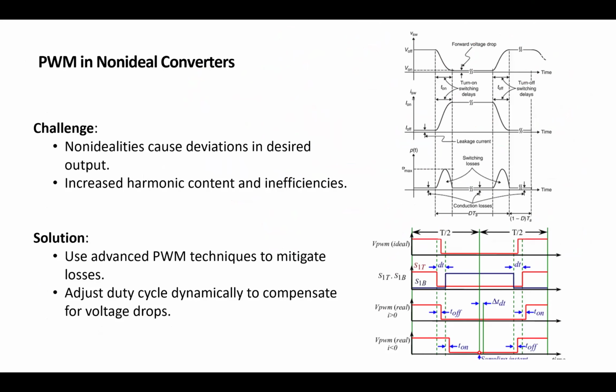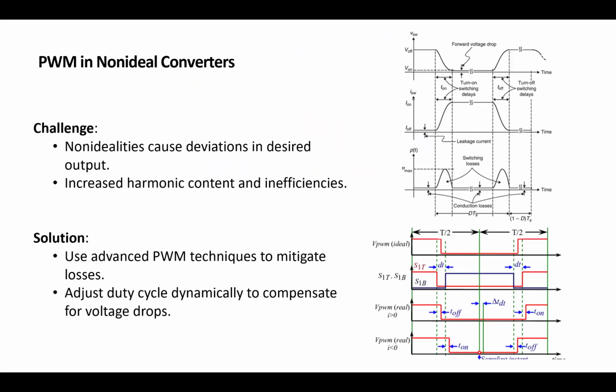Now, that is the ideal case. The non-ideal case is that we have a deviation in the desired output. Always we have. Okay, we have uncertainties, and we have delays. We said that it is not like we turn off the switch and it turns off instantaneously.